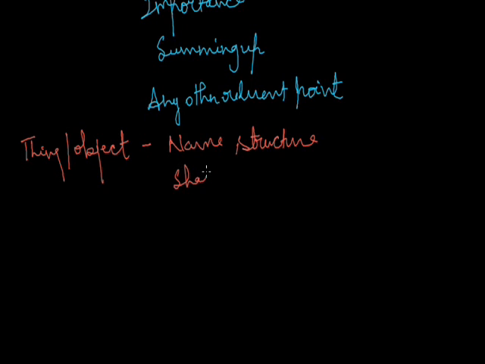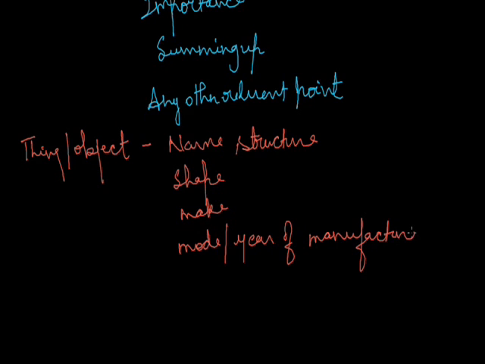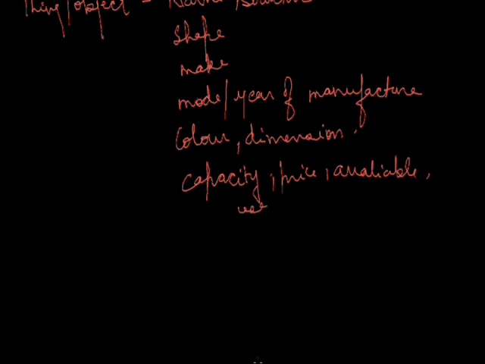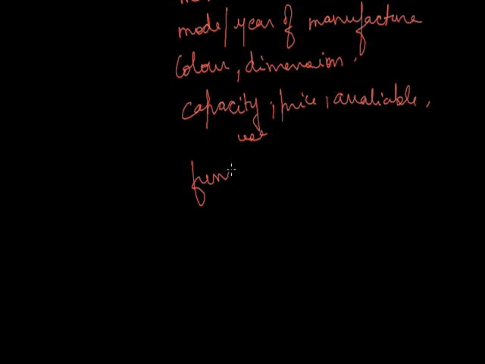You need to tell the shape, whether it was straight, curved, vertical, sloping, star-shaped, circular, etc. Then you need to tell the make and year of manufacture, the color of that thing, the dimension, its capacity, price for sure, its availability, where you are going to find it, where I need to search for it in the market, the use of that material, the function if any, and then the operational details of that thing.